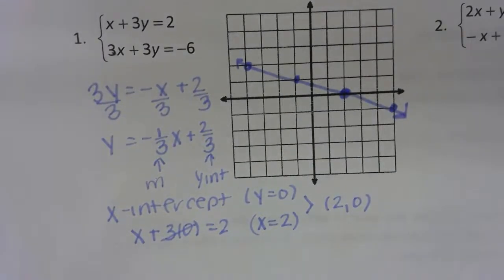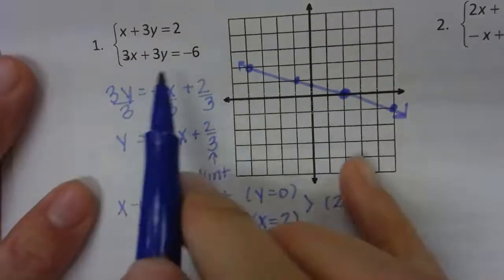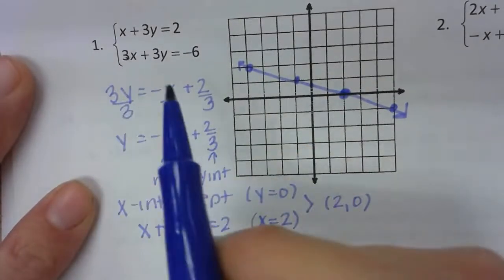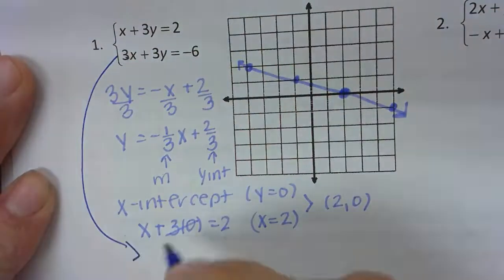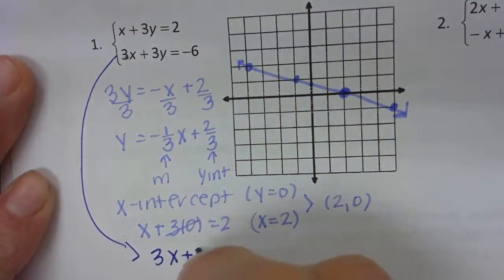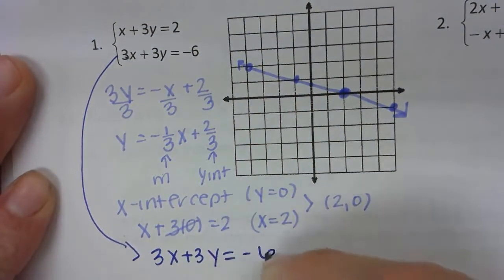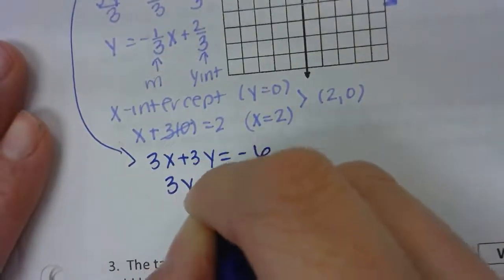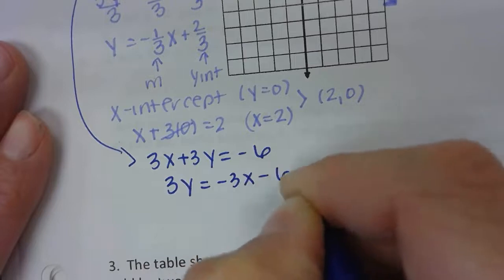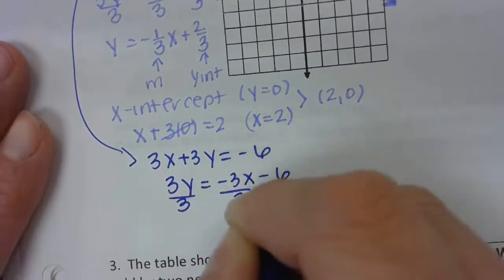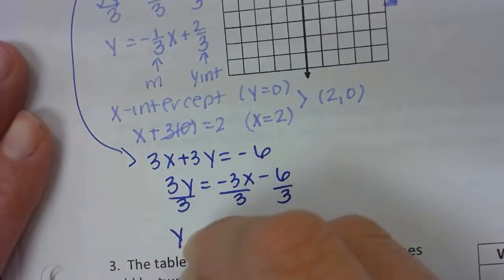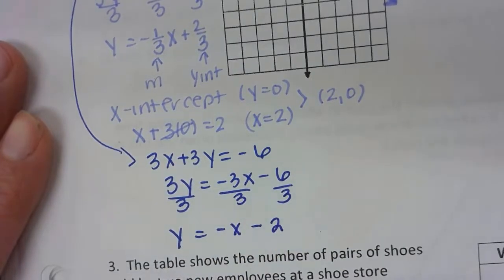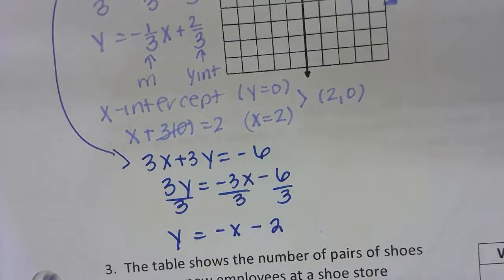And then similarly, we're going to graph this equation. So again, you have to solve for y. And you get y equals negative x minus 2.